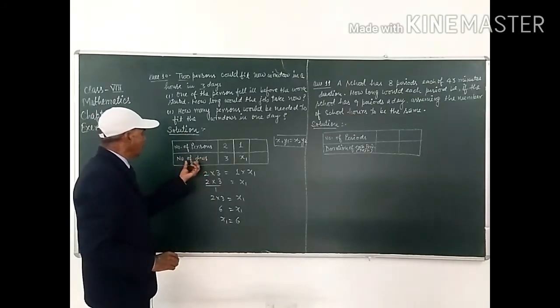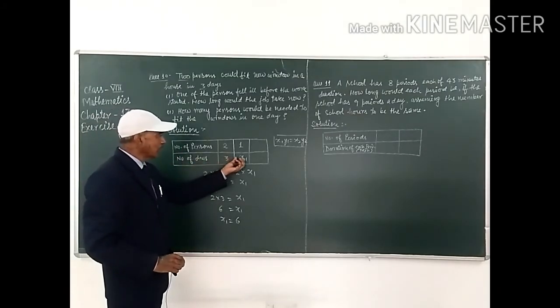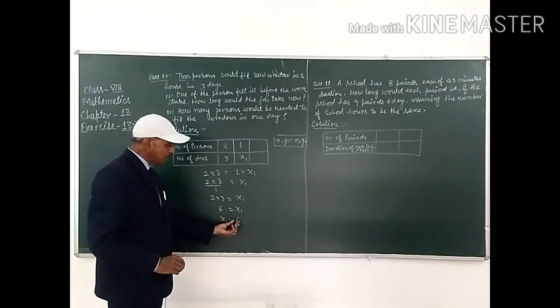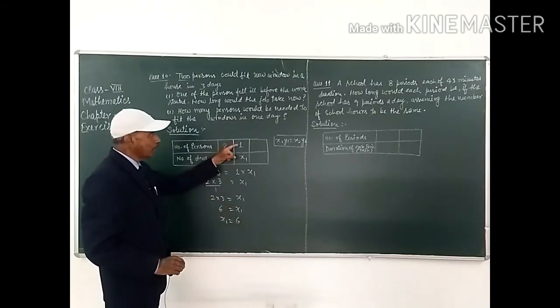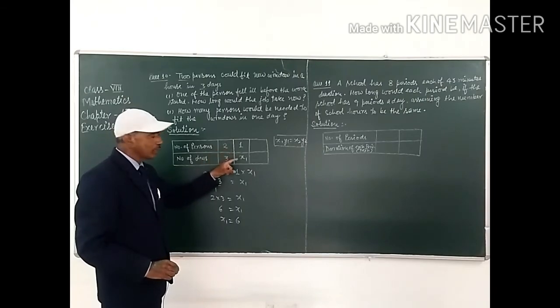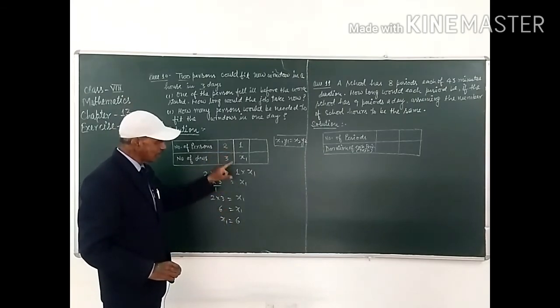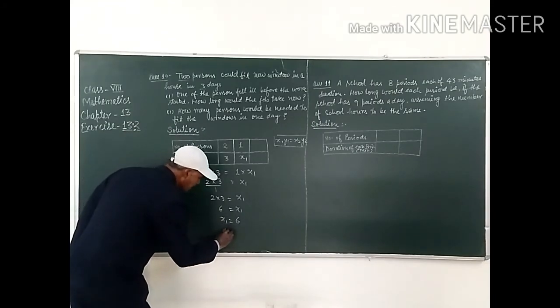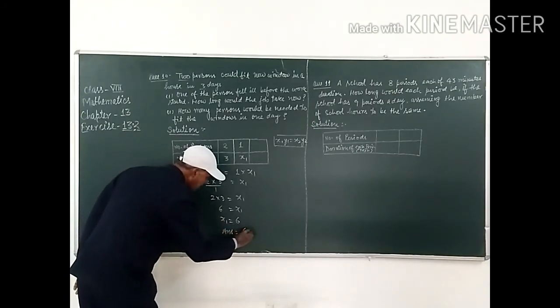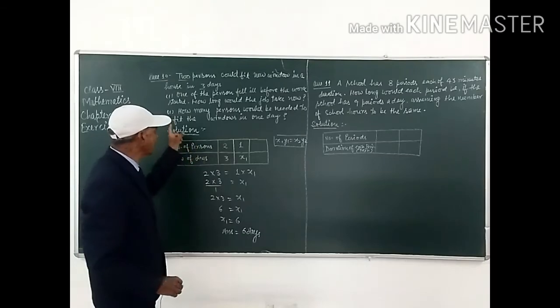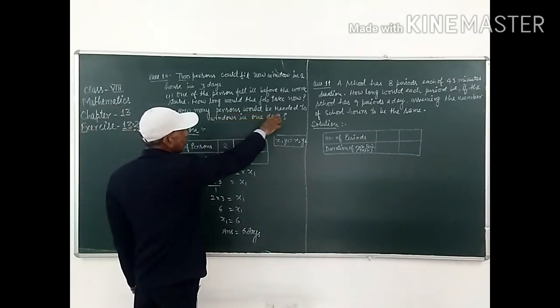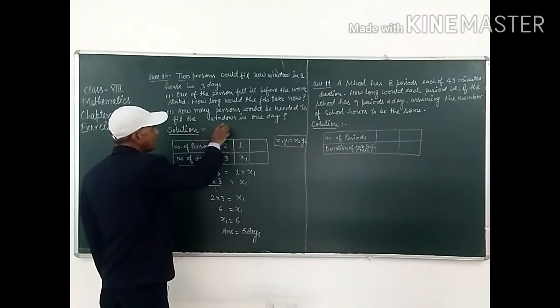So we have to find the number of days. It will take 6 days. If the number of persons is 1, then it will take 6 days to complete the work. So the answer is 6 days.